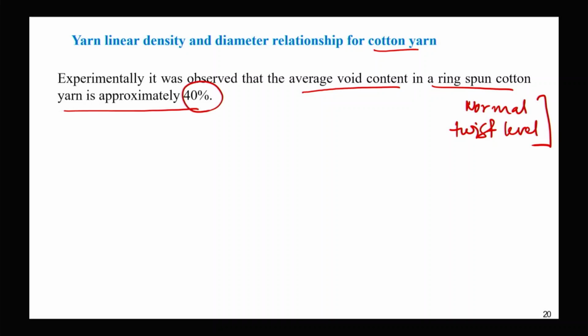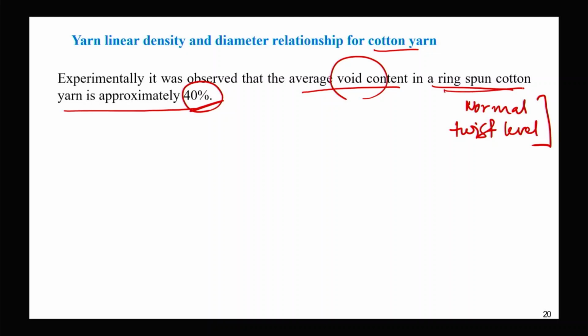So the diameter relationship which we are going to derive is only with the assumption that 40% of the yarn volume is void content, and that it is a ring spun yarn.